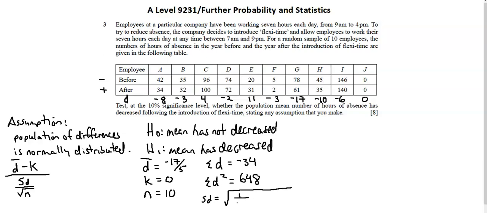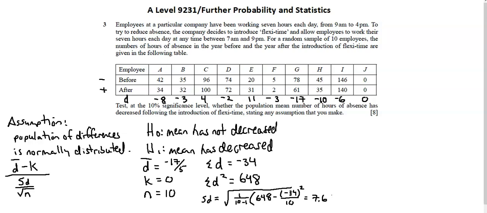In our case, we have a sample size of 10, so 1 over 10 minus 1, times the sum of the squared differences, that's 648, minus the sum of the differences, which is negative 34, that amount squared, over the sample size of 10, and this rounded is 7.691.